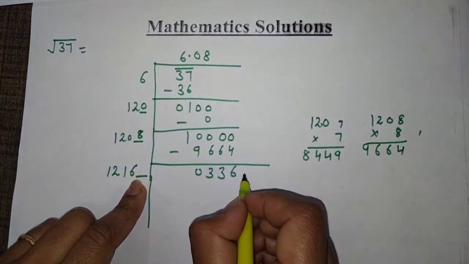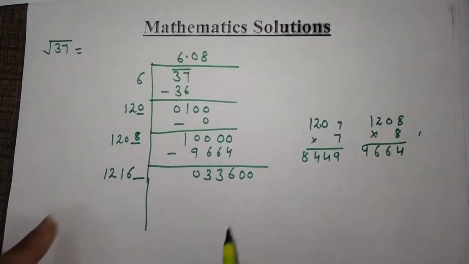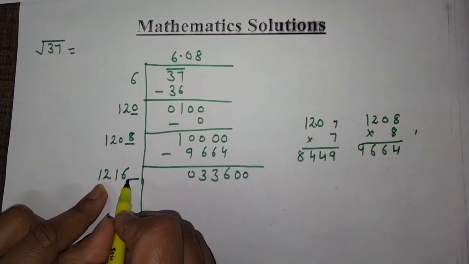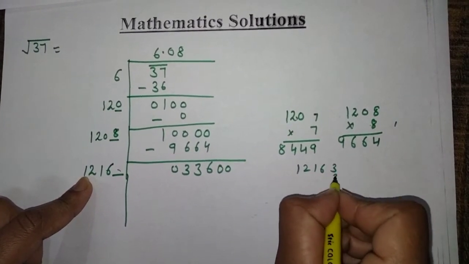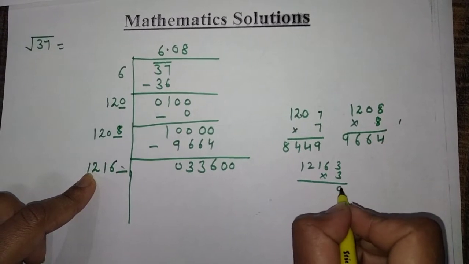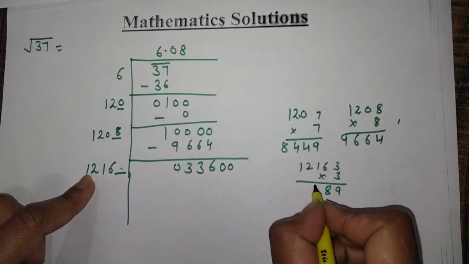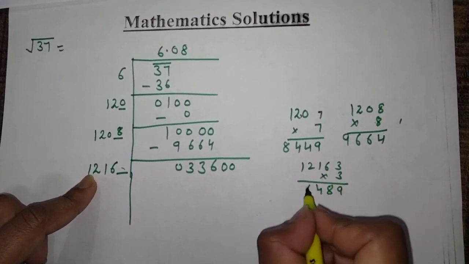And for this decimal bring down another couple of zeros. If I write 3 here and multiply this number with 3, 3 3s are 9, 3 6s are 18, 3 1s are 3 and 1, 4, 3 2s are 6 and 3 1s are 3.